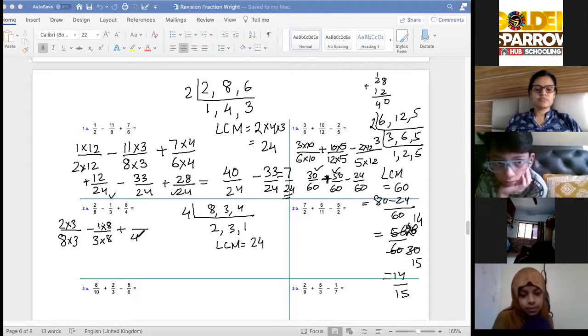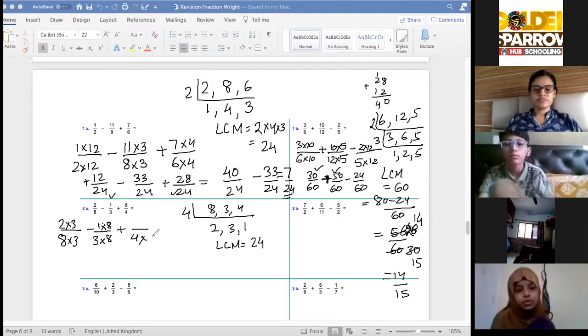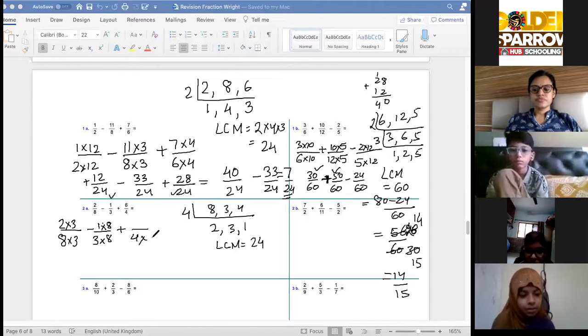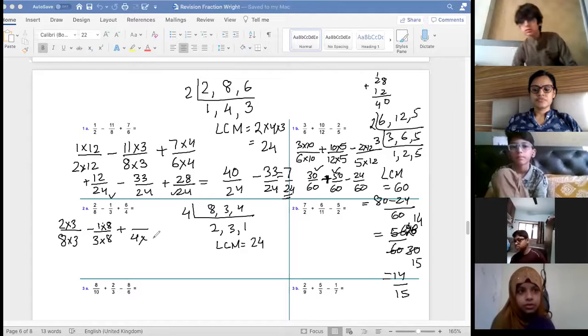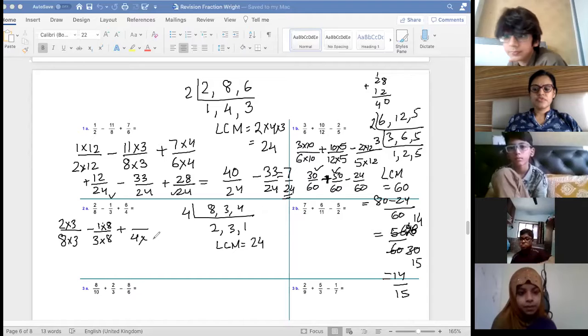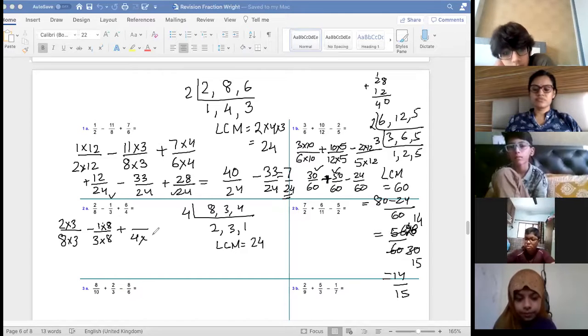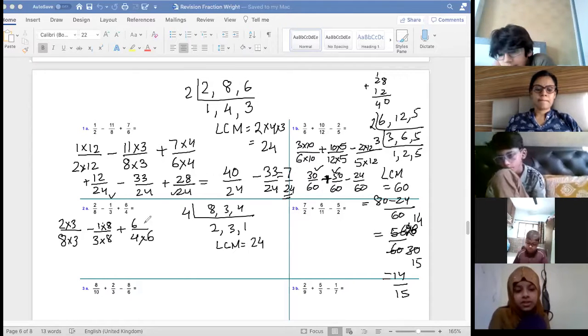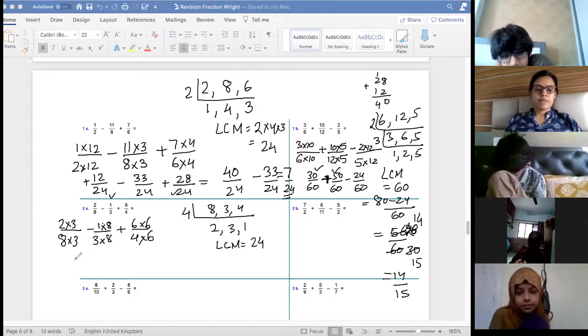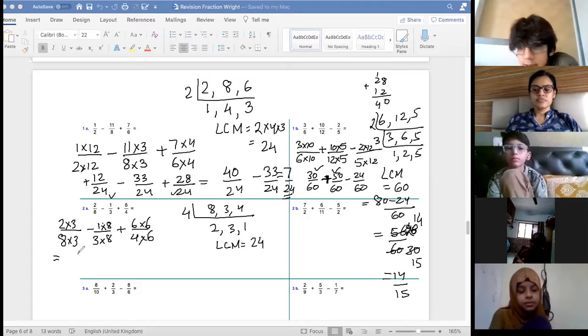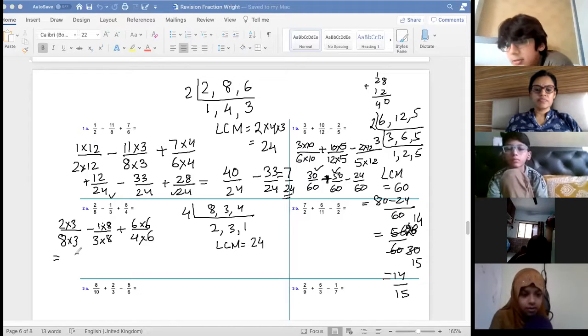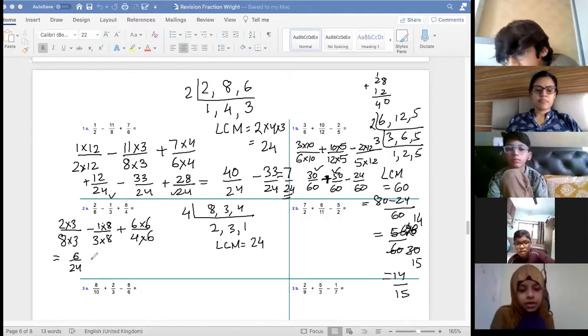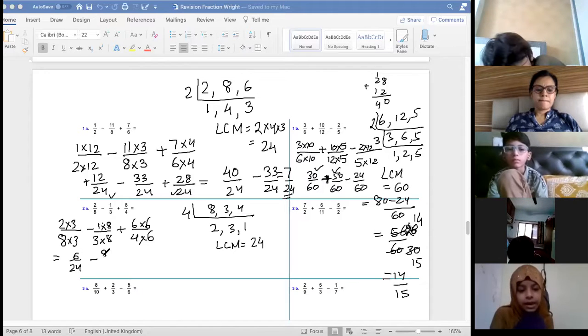Then 4 into 6. Say the table of 4. 4 5s are 20, 4 6s are 24. Okay. Now solve it. The numerator. Tell, Aisha. 6 upon 24. Yes. 2 into 3, 6. 8 upon 24.